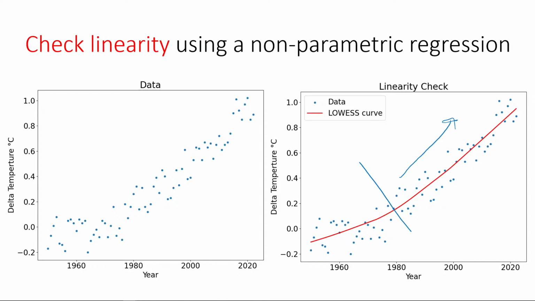Or you can fit a linear line here and another linear line here, but this would be much steeper, which means the temperature would be going much higher than this part here. So for this data, I can fit maybe one trend line here and another trend line here, and that would be steeper, something like this.